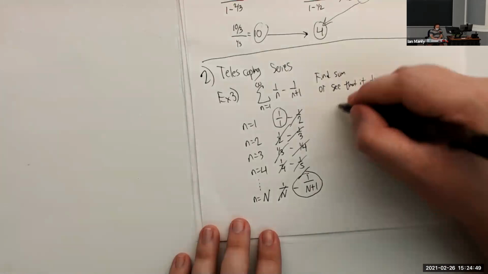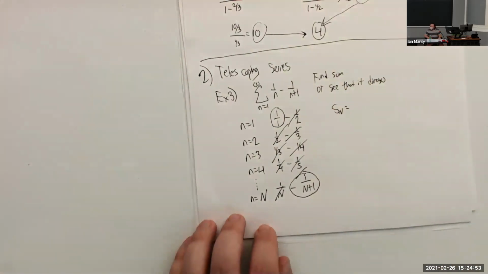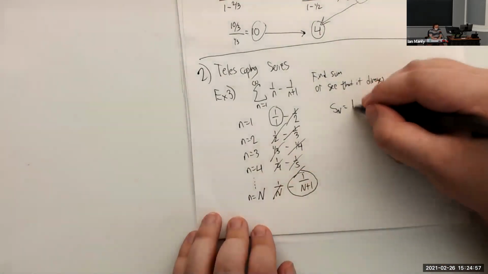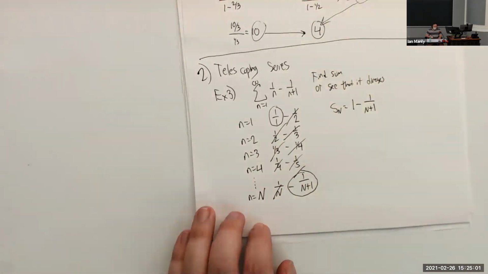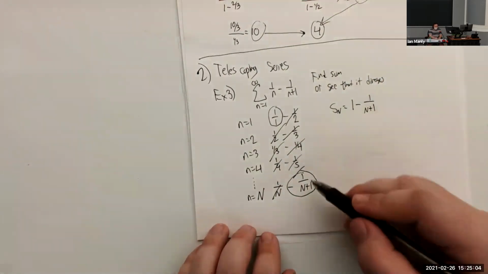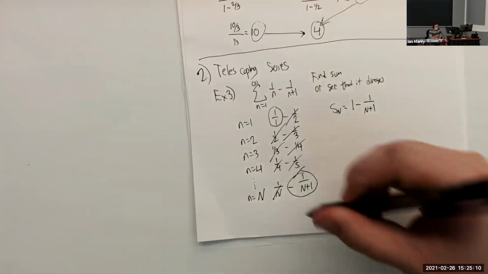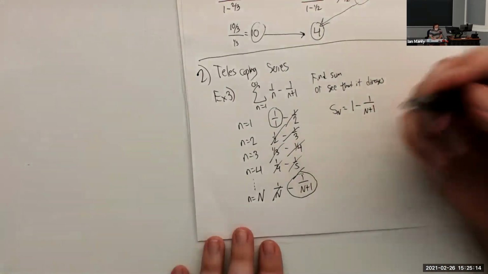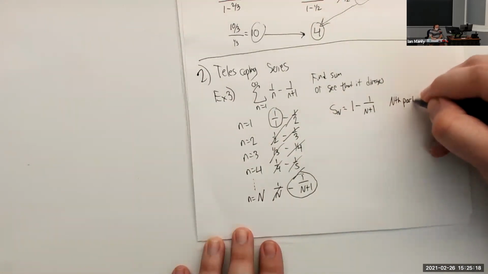So it seems like my nth partial sum, meaning where I add together the first n terms, so this big N, will be 1 minus 1 over n plus 1. It's not just going to be 1 because we always seem to have this little leftover part that kind of comes with us every step of the way. But the nice thing is that leftover part is having an increasingly large denominator. Now, this is the partial sum, right? This is the nth partial sum.